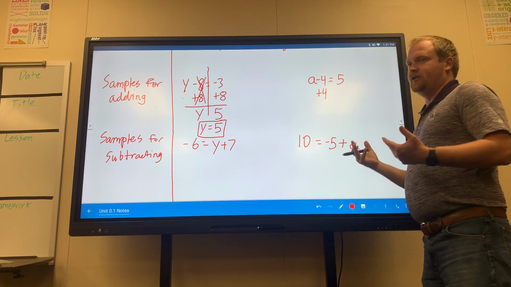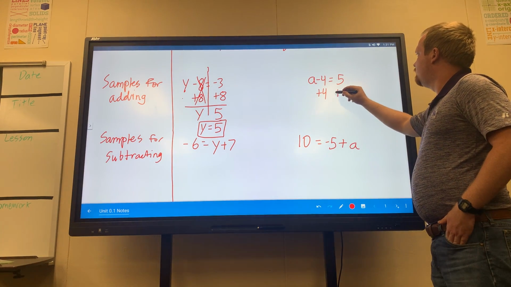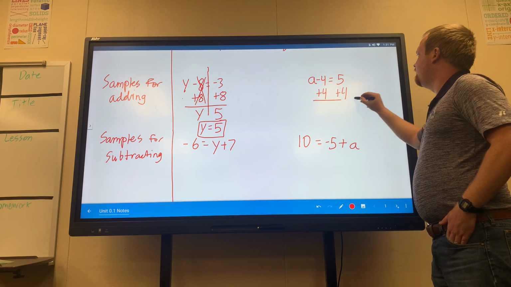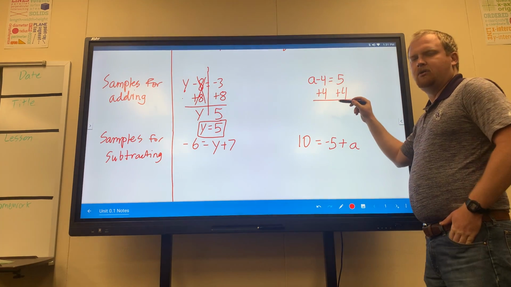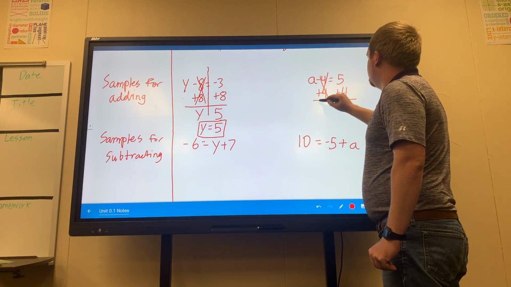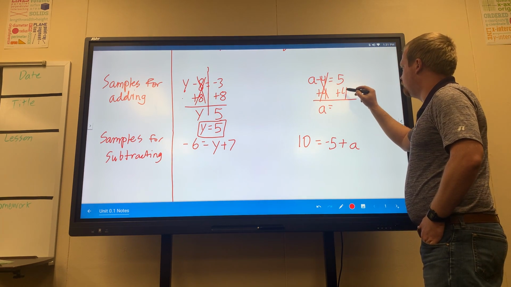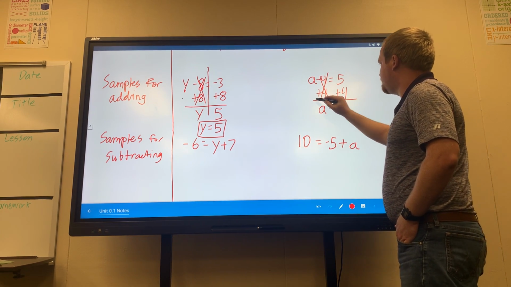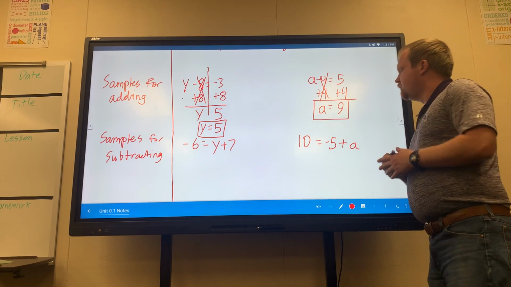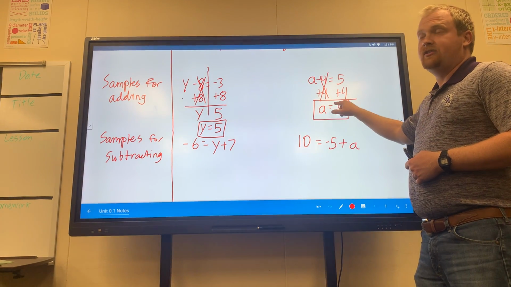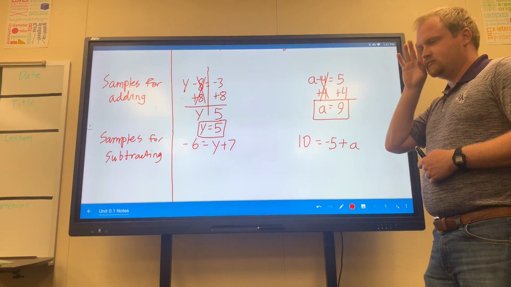So if I add 4 on the left side, I've got to add 4 to the right side. Negative 4 plus 4 cancels out. I get A equals 5 plus 4, which gives me 9. So the value of A is equal to 9.